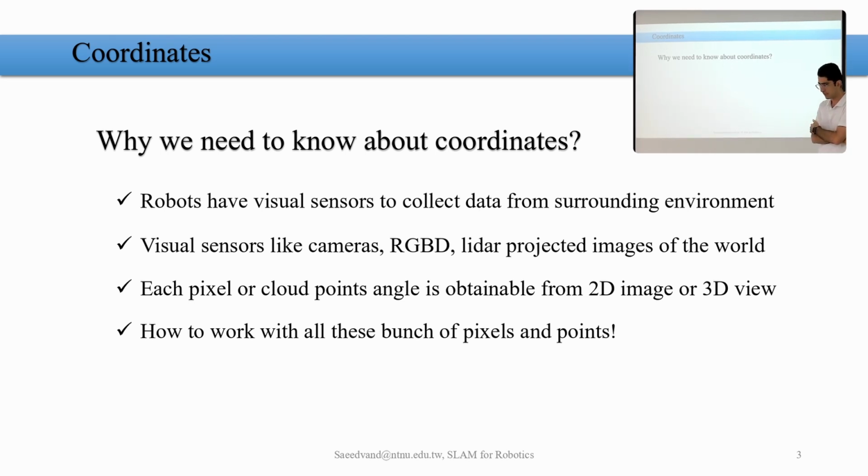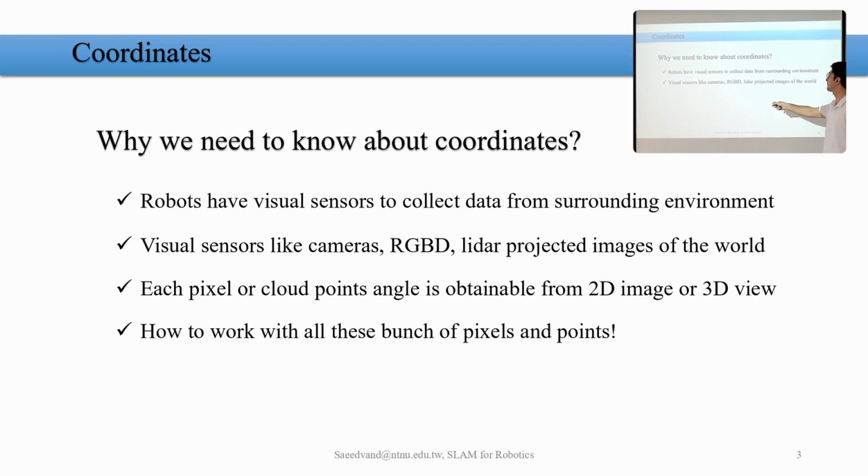First of all, we have a question: why do we need to know about coordinates? I answered that at the beginning. Robots have visual sensors, and the robot collects visual information from the surrounding environment and needs to plot it in the map. The kinds of sensors can also vary based on what we are going to do.